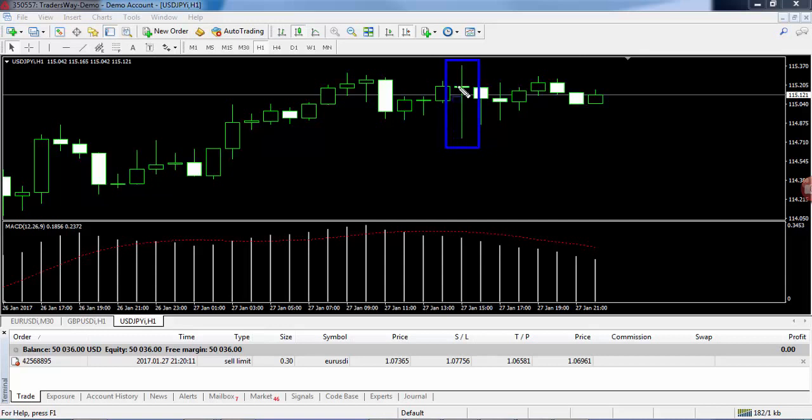What happened is that the market opened here, it rallied as high as here, came down to this low, and then price pushed all the way back up, closing almost at the same price as it opened. So these little shadows here are what we call wicks, or they can also be called shadows depending on how you want to term it. These also give us information as to what's going on in the market.